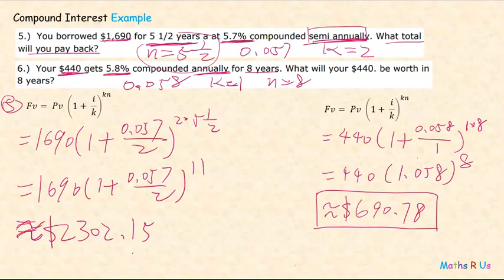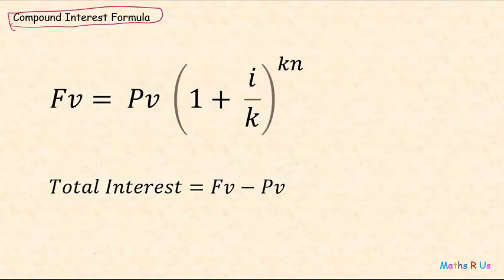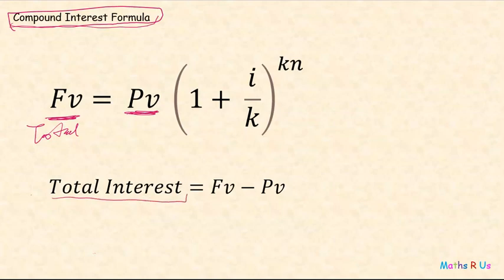Now let's summarize. In this video, we have learned the compound interest formula, how we find the total value in the future from this original amount put in, and how we can find the total interest, that's the future value take away the principal.